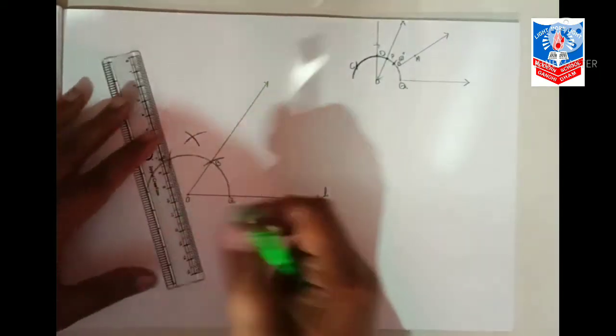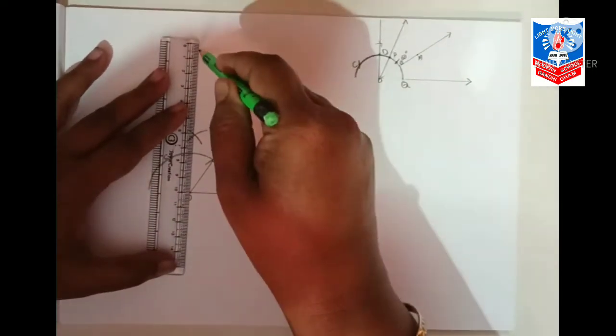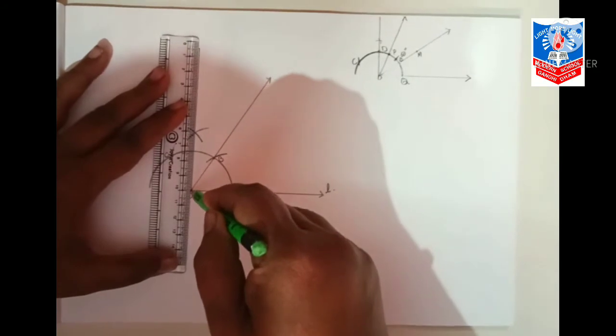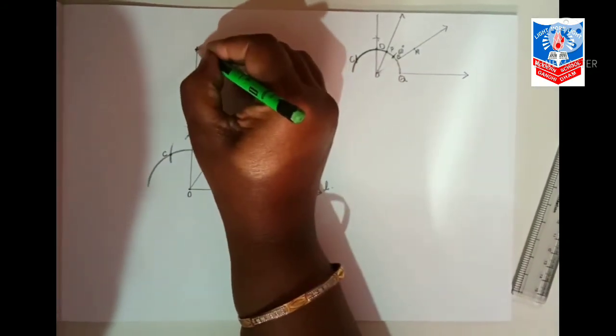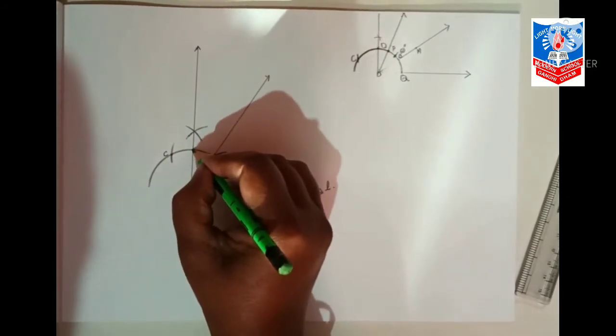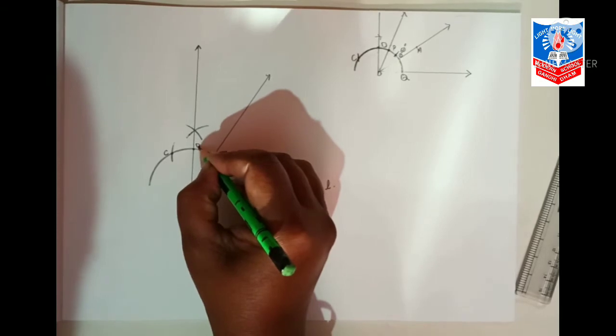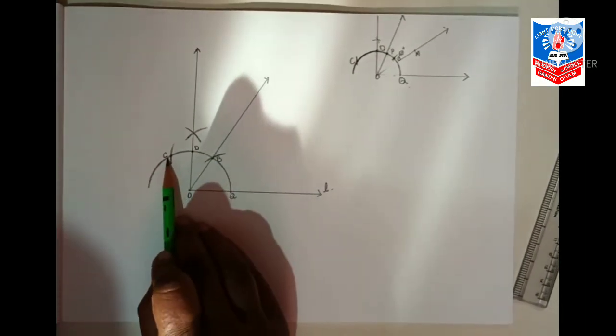Let us join this. See, like this way. This is a 90 degree angle, and let us give the point here the name D. So we have 60, 90 and 120 degrees.